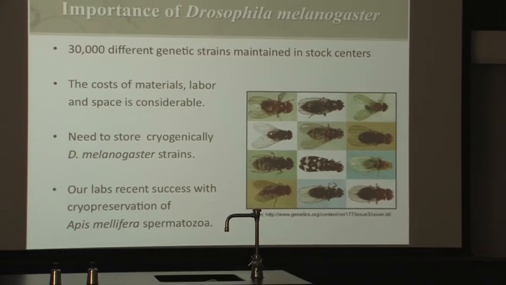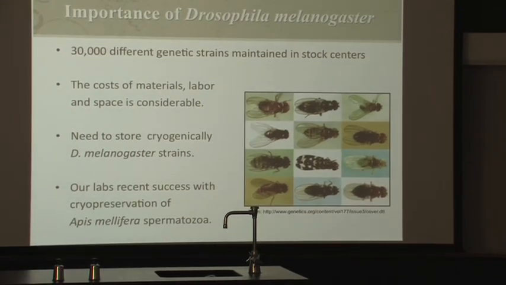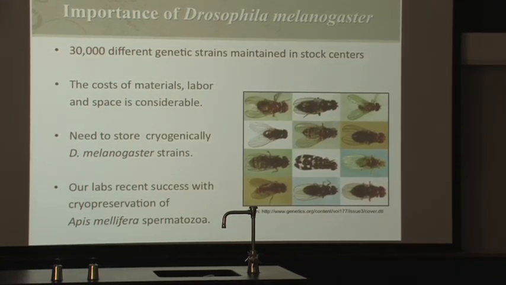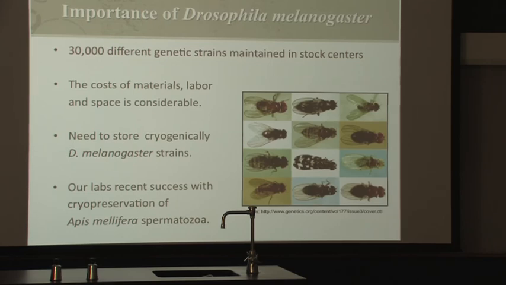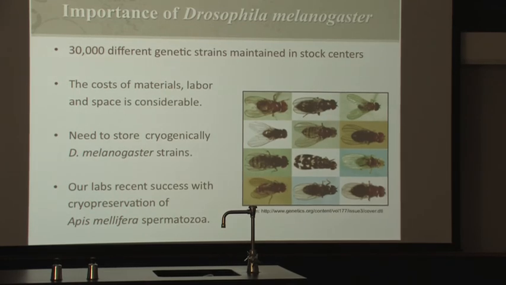So there are right now more than 30,000 different strains maintained in the stock center, and each year they have new strains. 6,000 new strains are discovered every year. So this stock center needs to change the media every 2 weeks. Therefore, the cost of material, labor, and space is considerable.